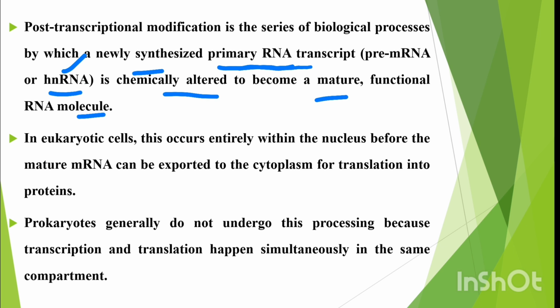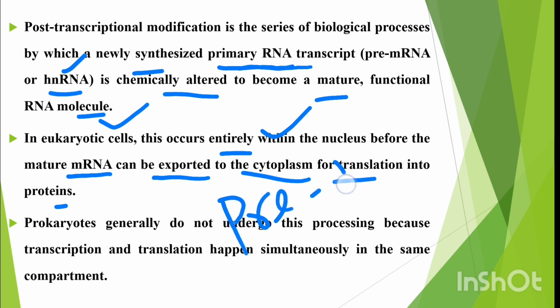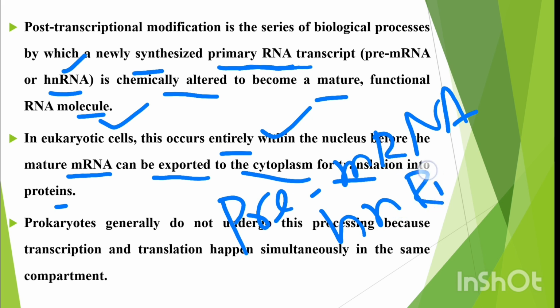In eukaryotic cells, this occurs entirely within the nucleus before the mature RNA can be exported to the cytoplasm for translation into proteins. So the mRNA which is formed after transcription is called pre-mRNA or hnRNA. hnRNA means heterogeneous nuclear RNA.